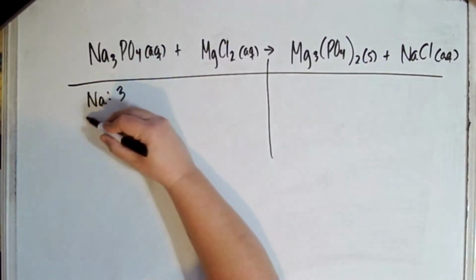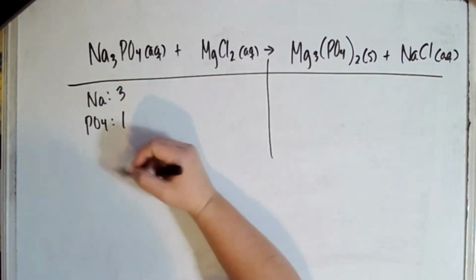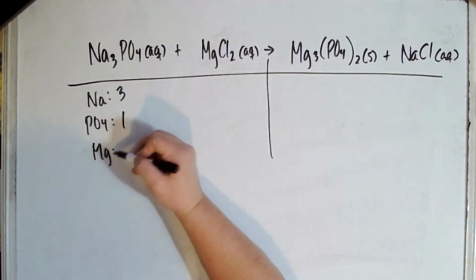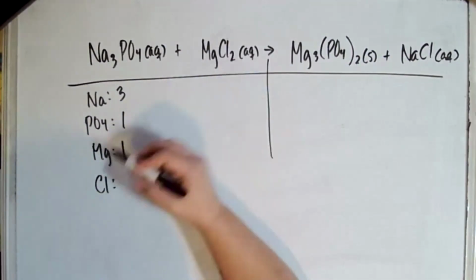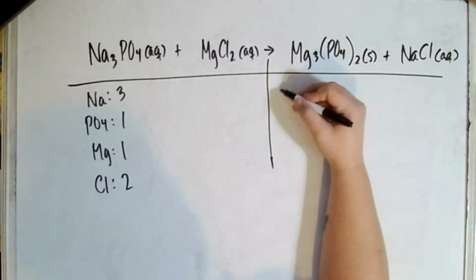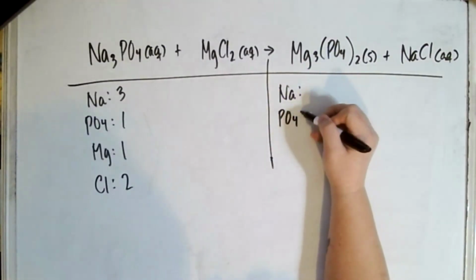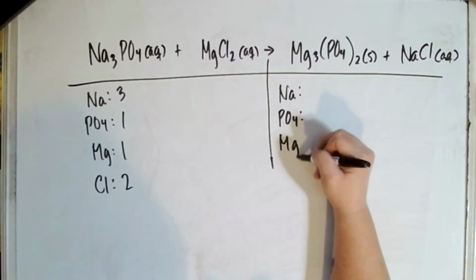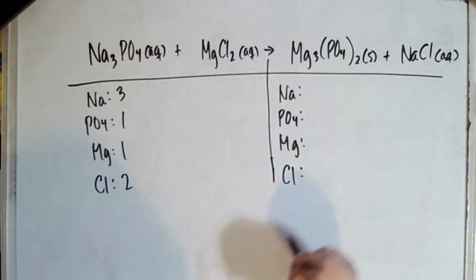We've got 3 sodiums. We've got 1 phosphate ion. We've got 1 magnesium. And we have 2 chlorines. And on our product side, I like to keep the elements and the polyatomic ions in the same order on both sides, so it's very easy for me to compare back and forth.